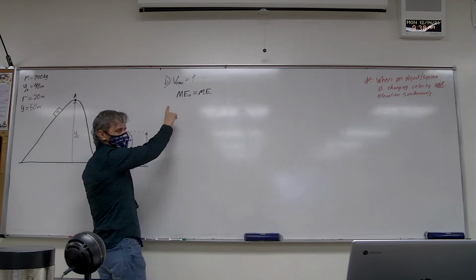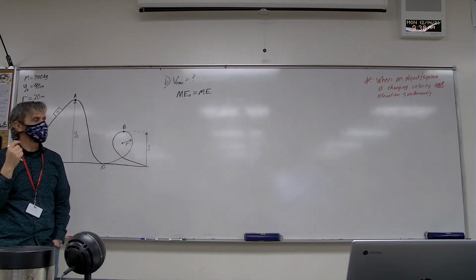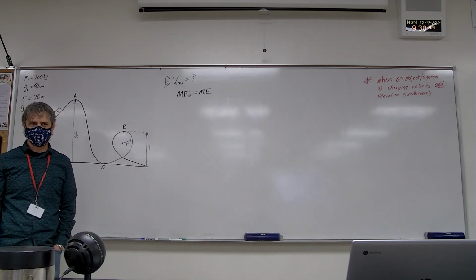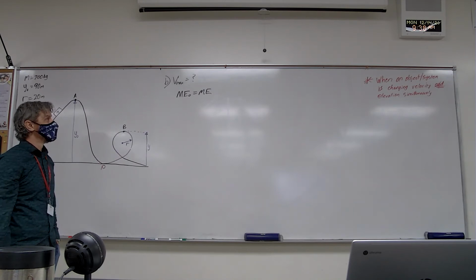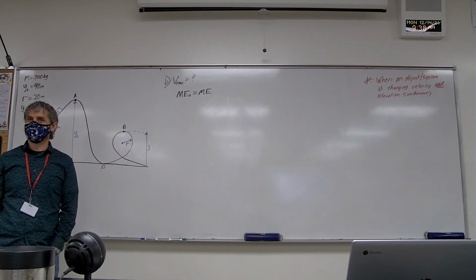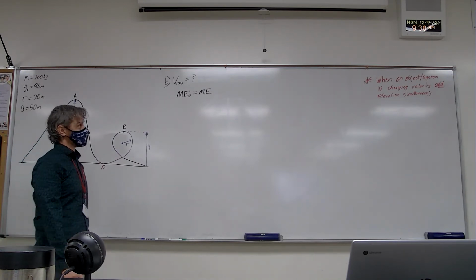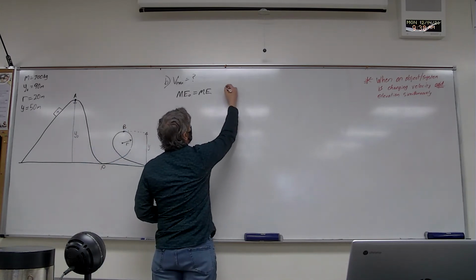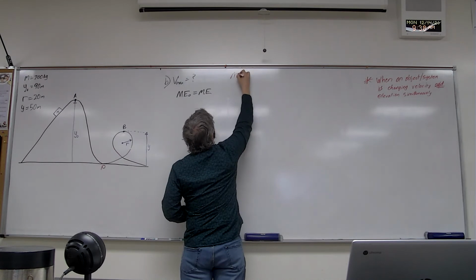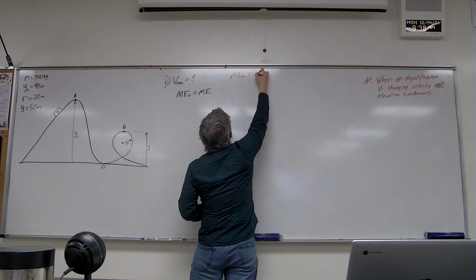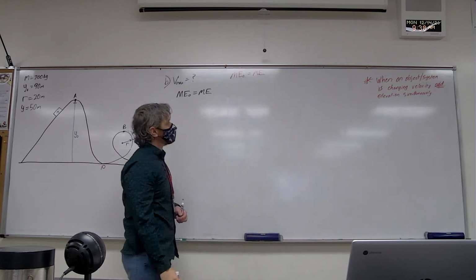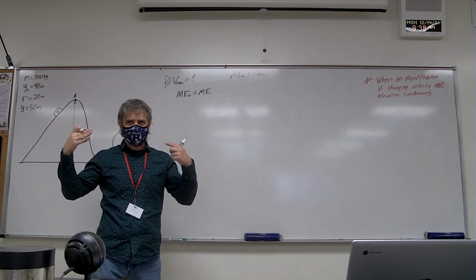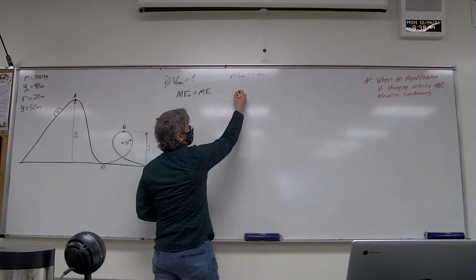So if the energy is conserved, if there's no non-conservative forces like friction acting, which there's not, then the initial mechanical energy must equal the final mechanical energy. As an aside, an equivalent statement, if ME naught equals ME, is just another way to think about whether mechanical energy is conserved.